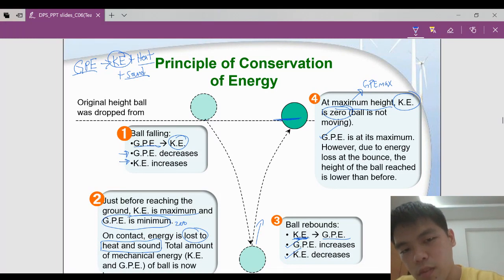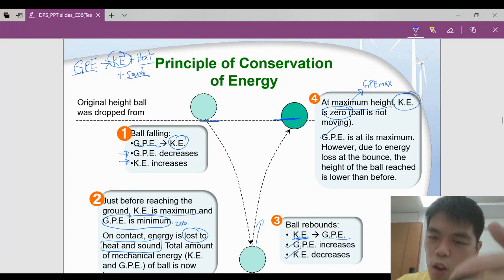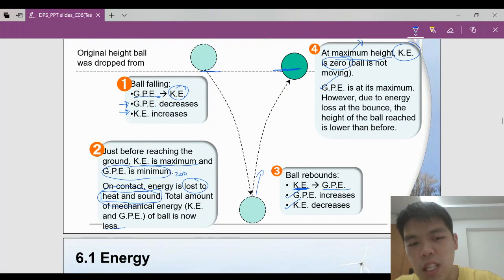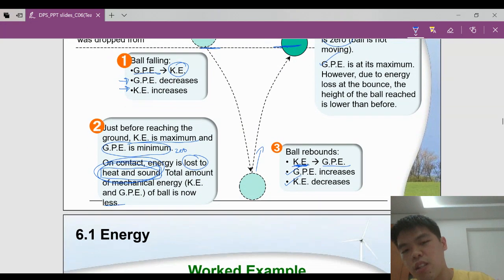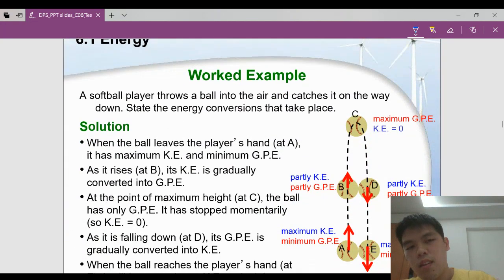Okay, so you see the ball initially is above the line, now is lower because it has lost energy when it bounced, to heat and sound. Okay, in this case here, we assume that there is no energy being lost to air resistance or friction in the air. Okay, next, let's look at the next example.